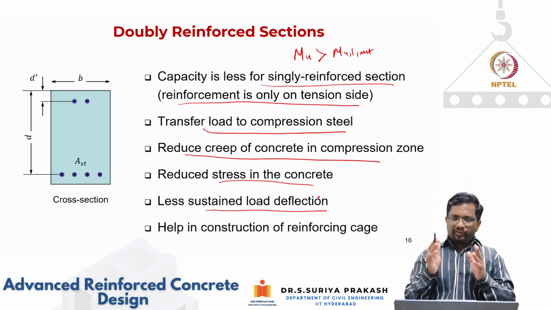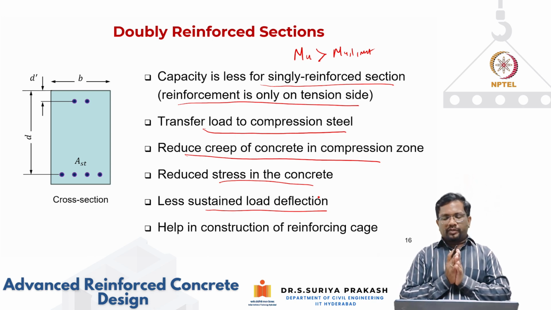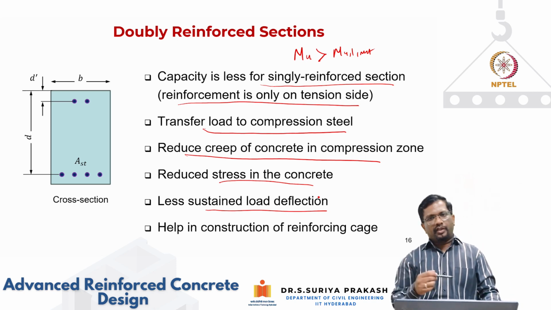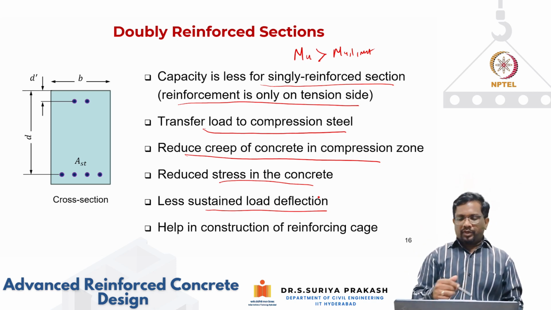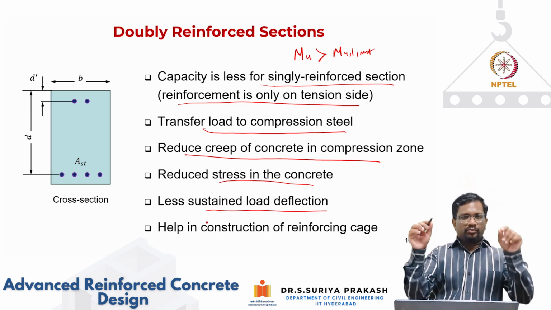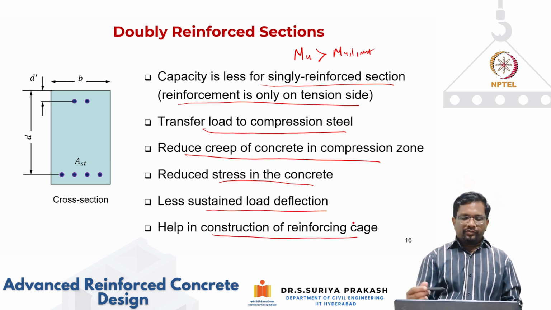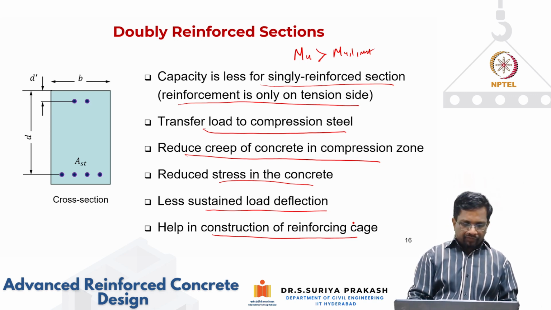So if you want to reduce your sustained load or long-term deflections, then we can go ahead and use compression steel that will help in reducing your long-term deflection. And sometimes you also put some minimum hanger bars at the top in the singly reinforced case. These are the scenarios in which we go for doubly reinforced sections, and some of the advantages of going for them.